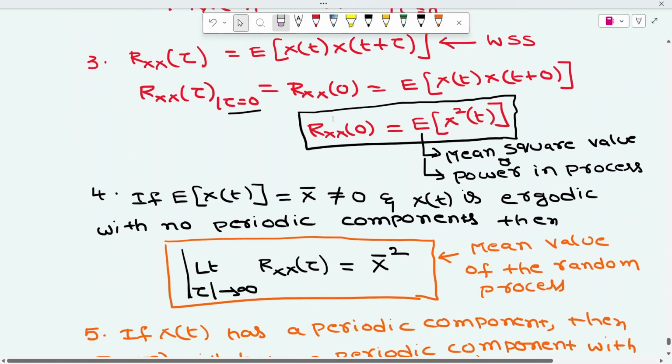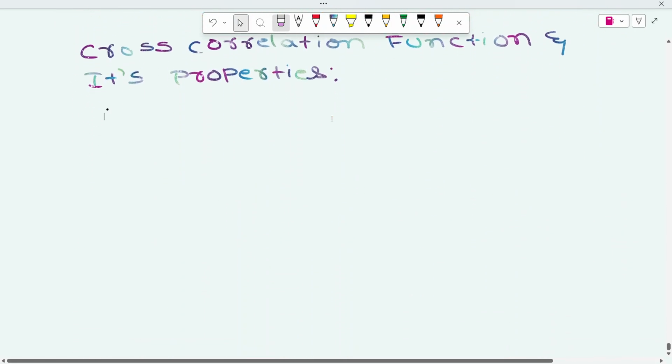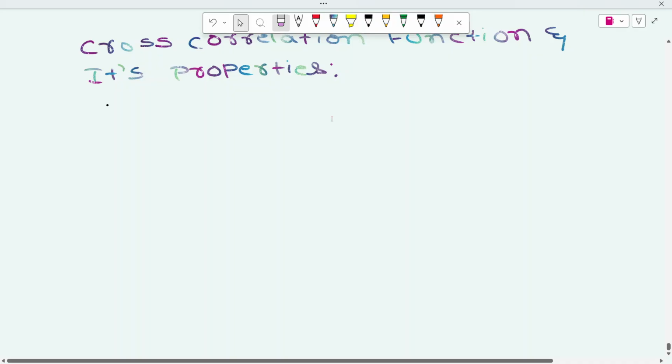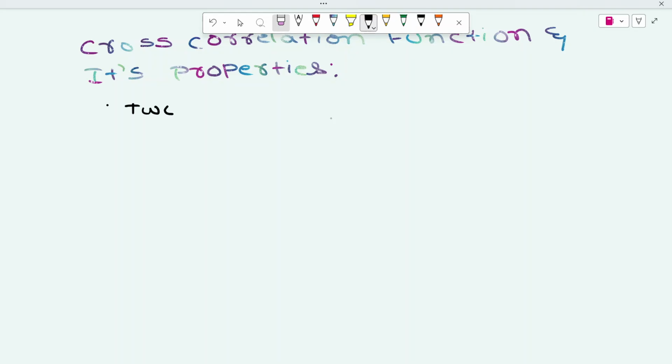Cross correlation function means finding the similarity between two different random processes at two different time instants. So here we will have two random processes, x of t and y of t.